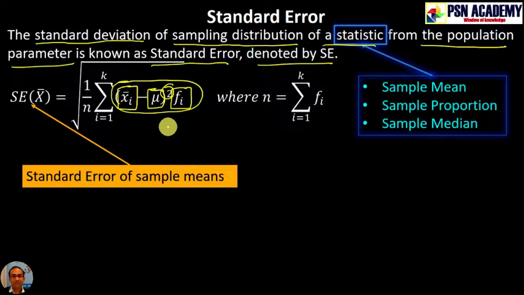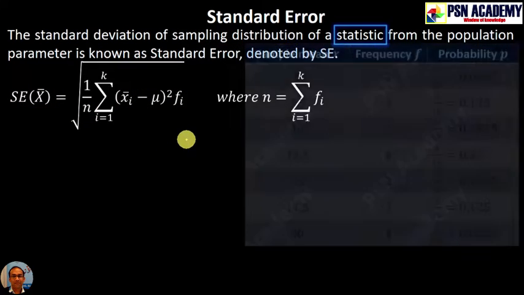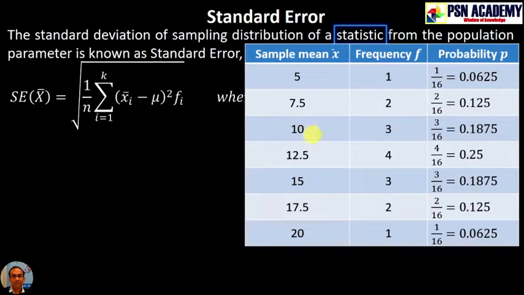Now, in our previous example, we have k equal to 7 because we got 7 types of sample means. So this summation will run 7 times as in our previous example. And then you divide that summation by n. In our previous example, it was 16, and you square root this, and you get this standard error of x bar. So in our previous example, we have the population mean mu as 12.5.